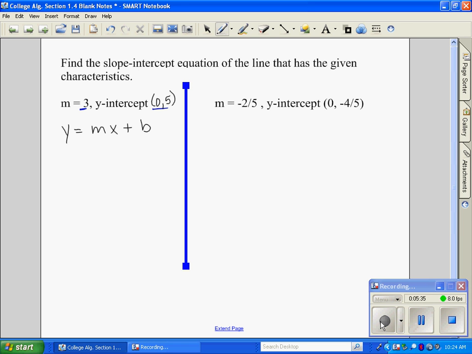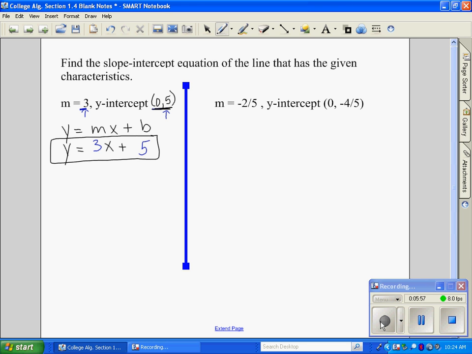So I have my b, which is going to be the y-intercept, 5, and I also have my m, which is going to be 3. Then I bring everything else down. Y equals 3x plus 5. This is going to be the equation of the given line.